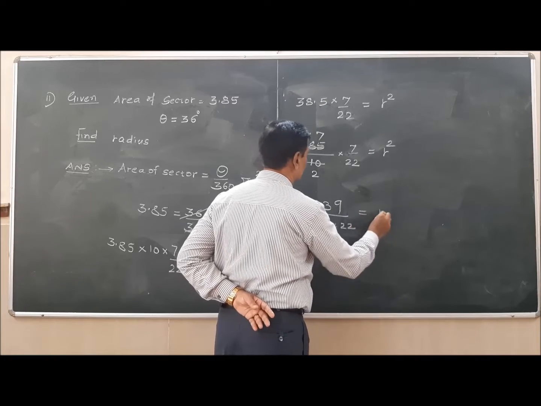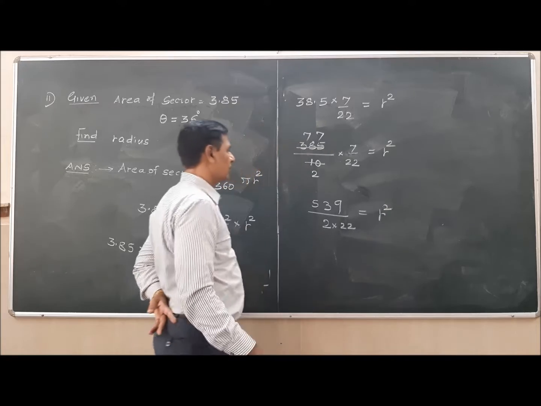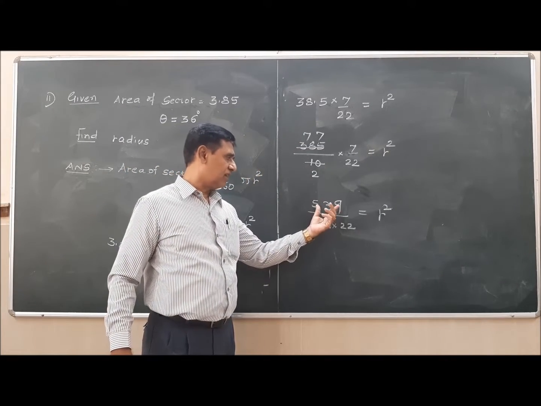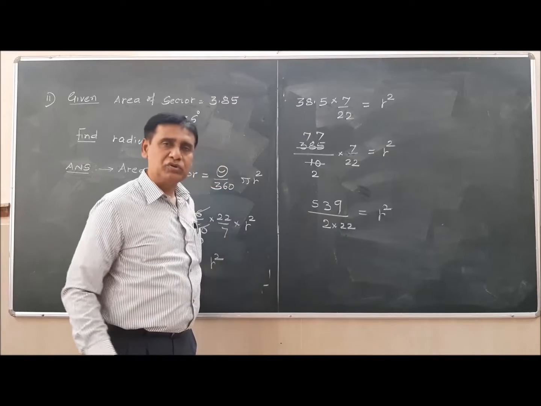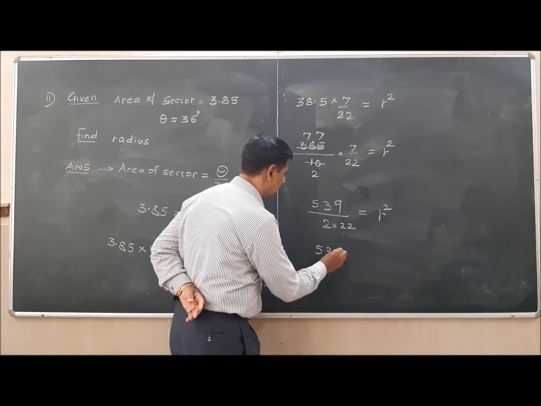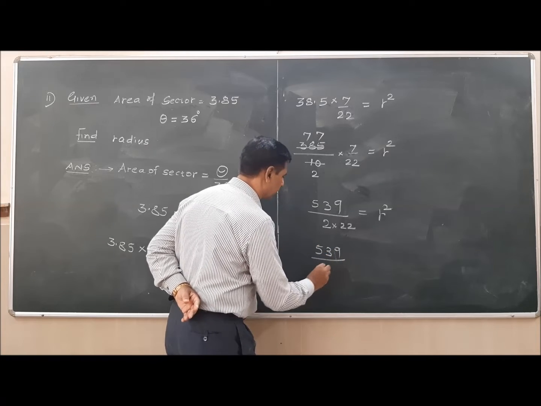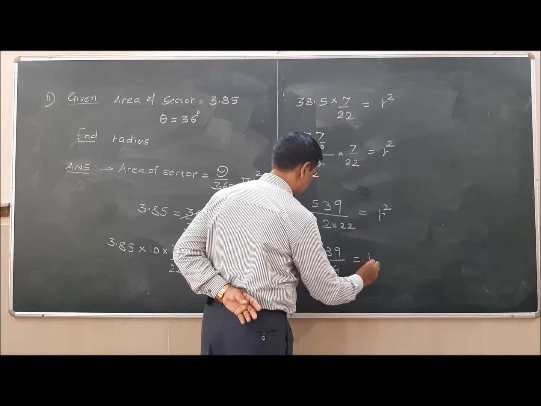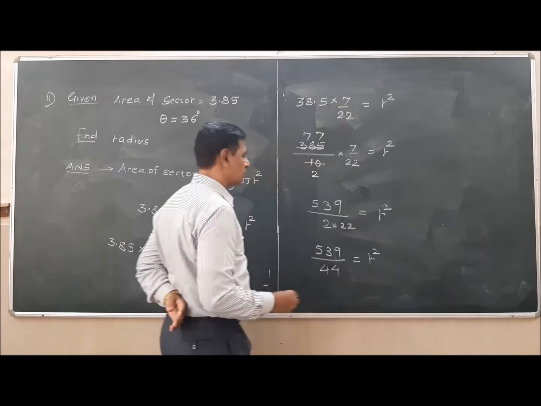That is equal to r square. So I'll take it as 539 upon 44, since 22 2s are 44. That is equal to r square.